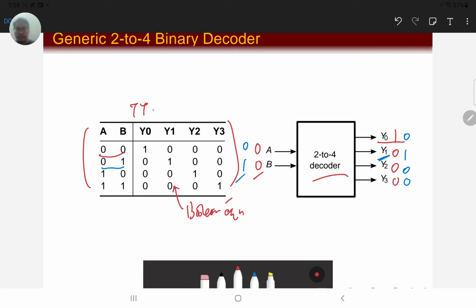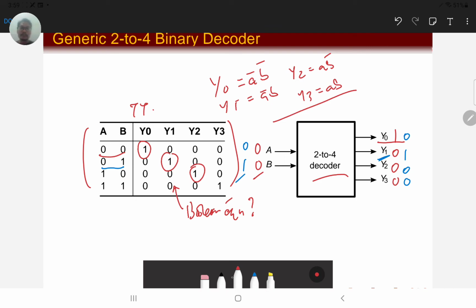Boolean equation at each output: y0 is simply going to be a bar b bar. y1 is just going to be a bar b. y2 is going to be a b bar, and then y3 equals ab.